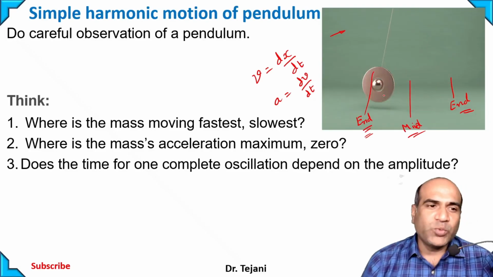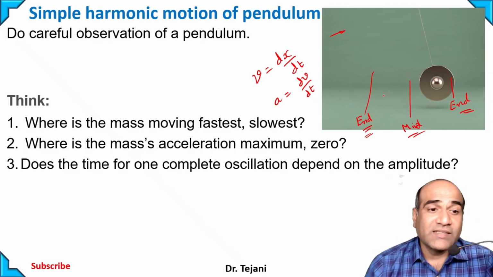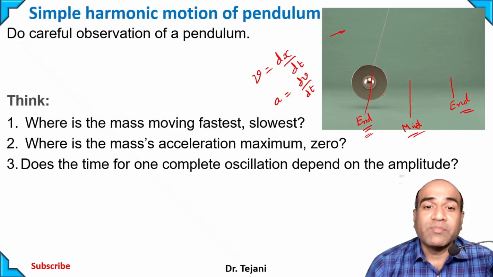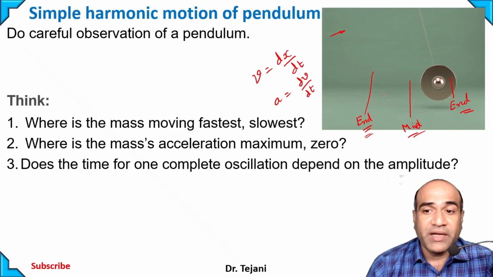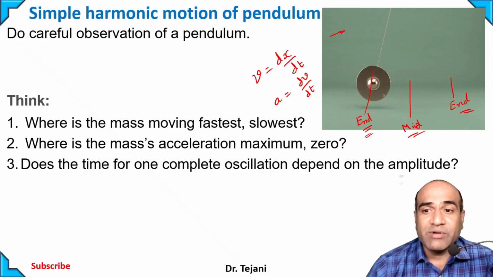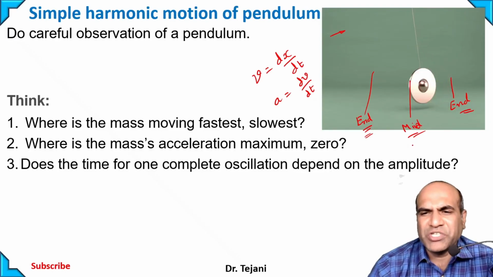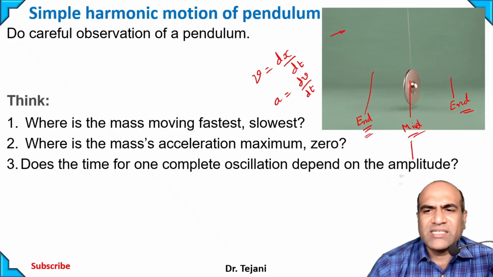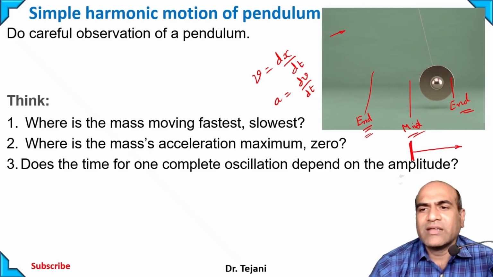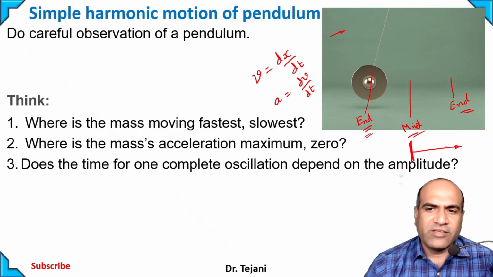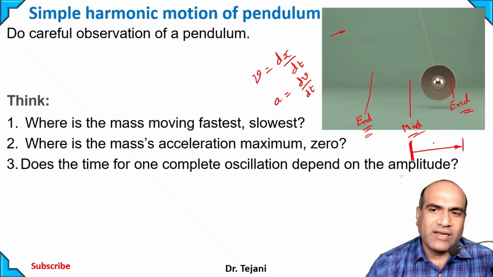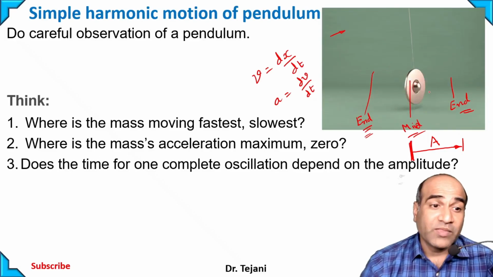Then the third question you may ask: does the time for one complete oscillation depend on amplitude? What is amplitude? Yeah, that question may be new. It is the maximum distance traveled on one side from the mid position. The maximum distance traveled from the midpoint is the amplitude.